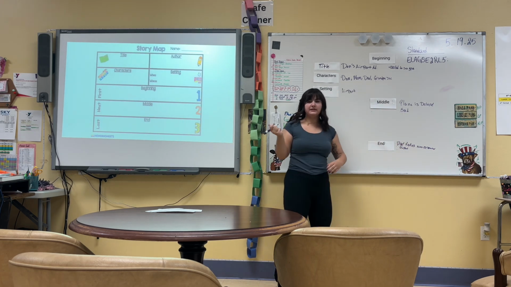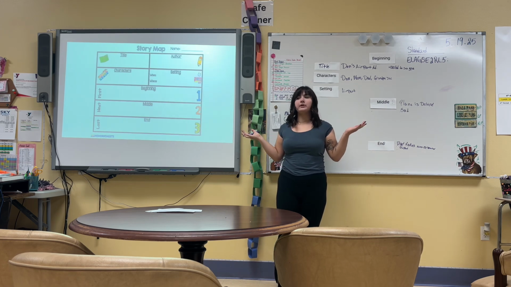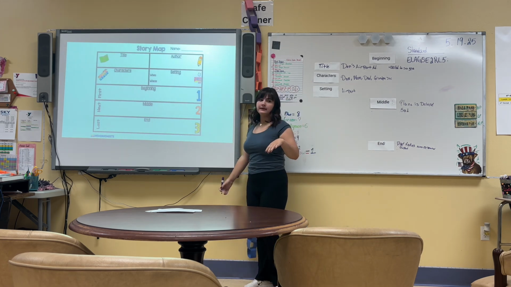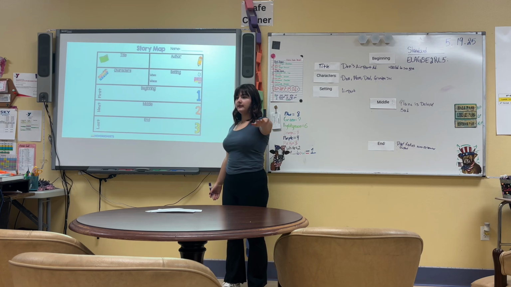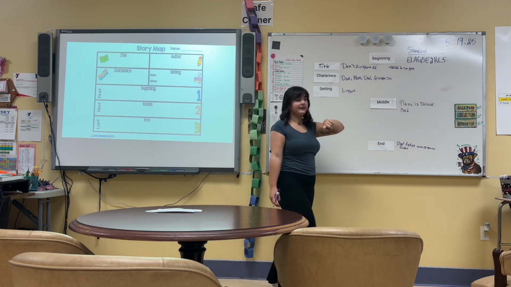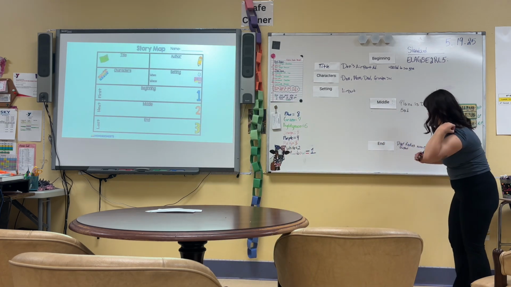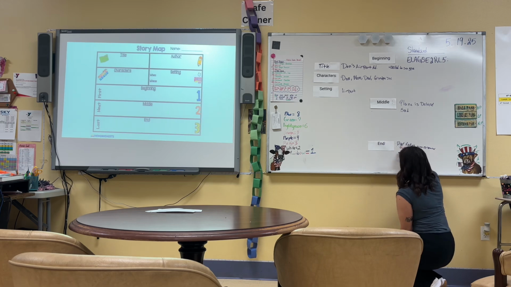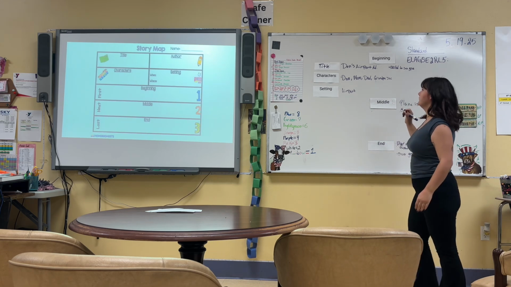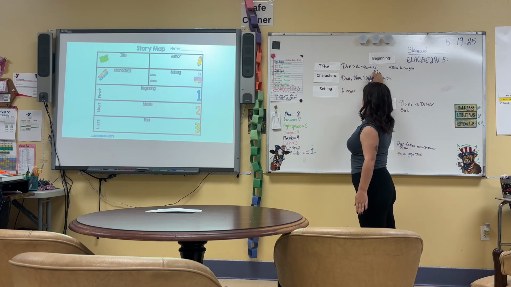Anything else happen? Does his dad just take him on an adventure at the airport? No, I think something else happens in the end. Who wants to raise their hand and share? Yeah, he sees his grandpa. Sees Grandpa Joe.